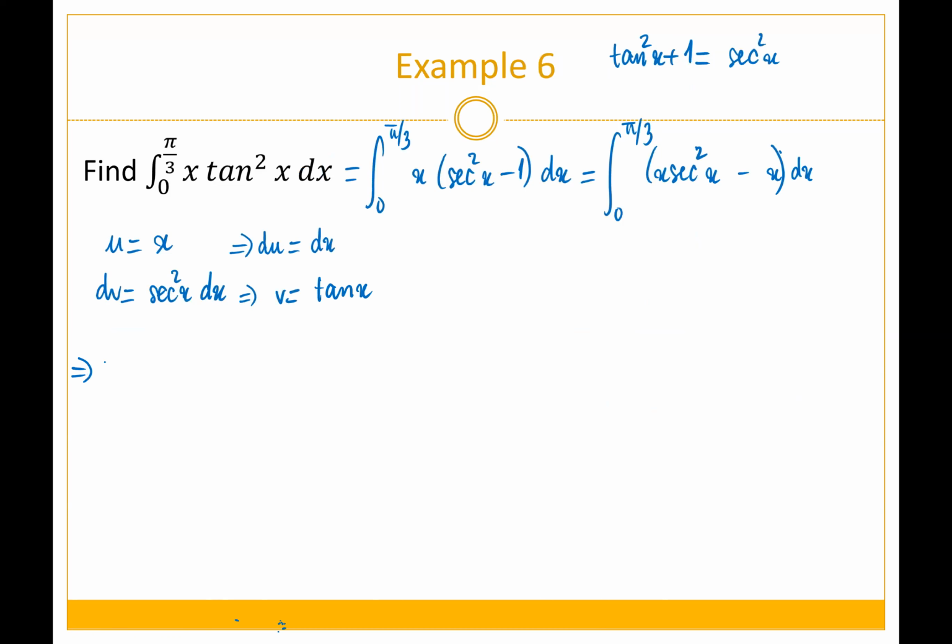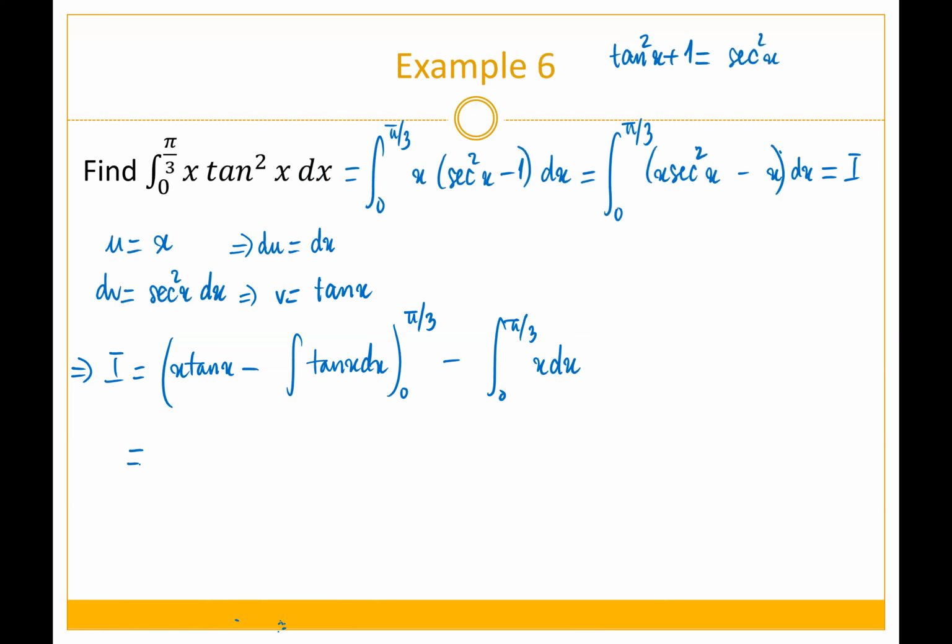So what we end up having, putting this one as I, is x tangent x minus the integral of tangent x dx from 0 to pi over 3. And then remember, you still have the extra x dx here.